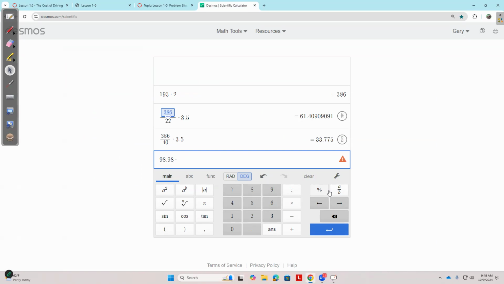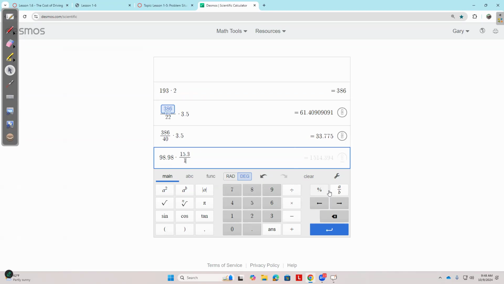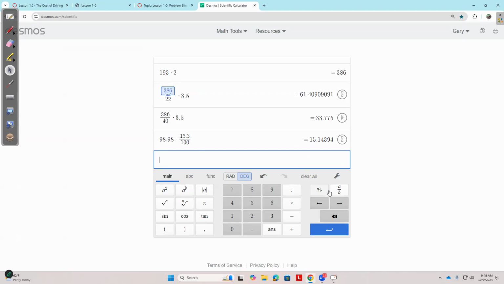Percent means divide by 100, so I'm just going to write 15.3 out of 100, because percent means out of 100. So that's one way to do it, and I get the tax should be $15.14. If your calculator has a percent button, then you could type something like 15.3, click the percent button, and then type the number you want the percent of. And I should get the same answer.